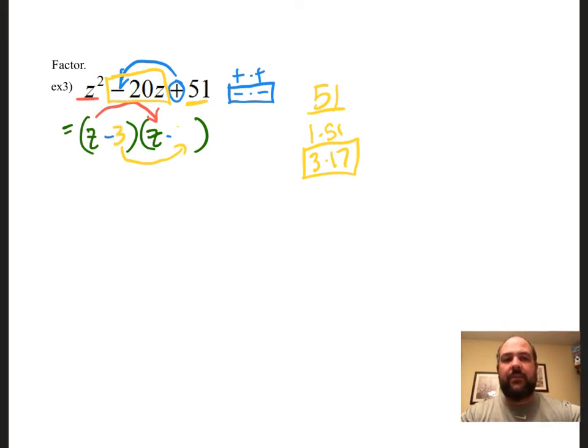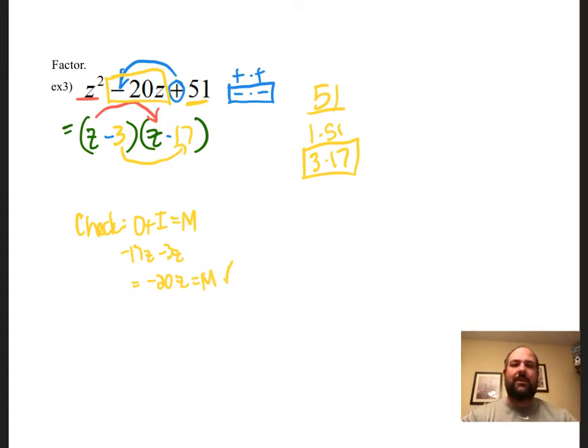Because if I have negative 3 and negative 17, when I do my check, the outside plus the inside multiplication should equal the middle. So the outside here would be negative 17z, and the inside would be negative 3z, and that would equal negative 20z, which is indeed the middle term. So that means this is set up correctly.